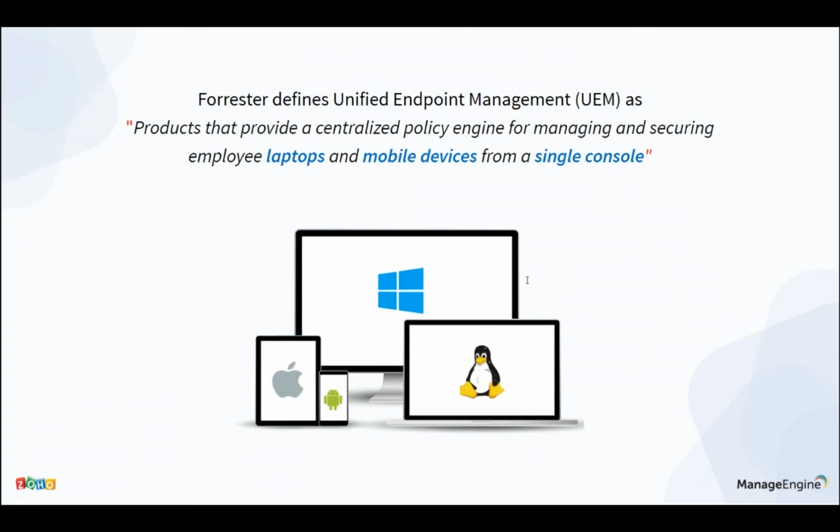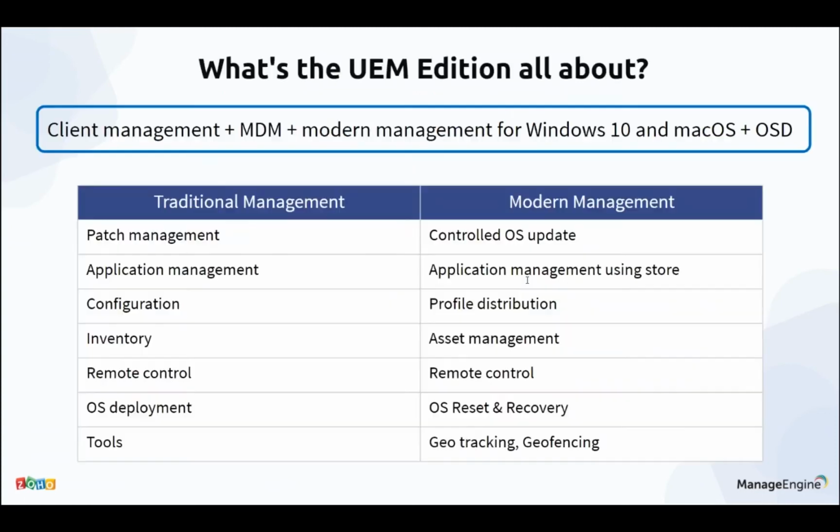So UEM is a product that provides a centralized policy engine for managing and securing employee laptops and mobile devices from a single console. So thereby, we'll have to provide both traditional and modern management from a single console. That's the overall information that we get from that. So that is what you're seeing here as well.